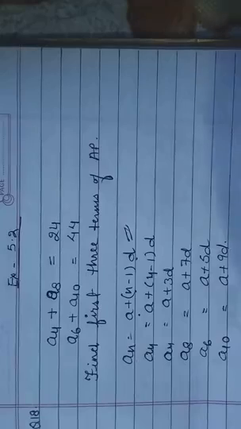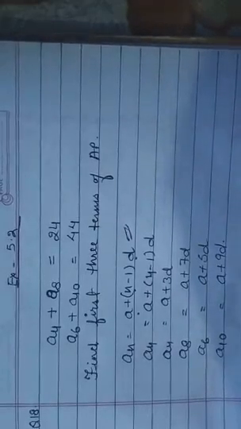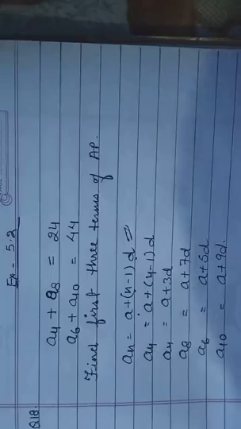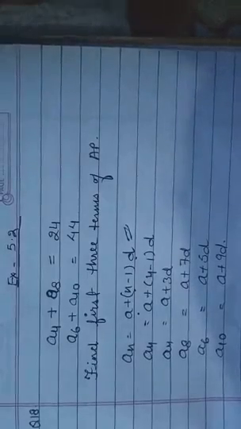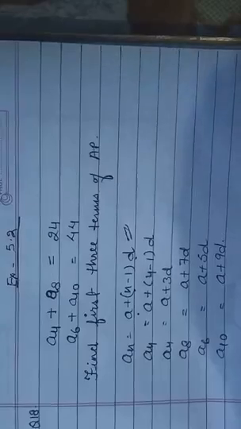Okay. Now, according to the first condition, A4 plus A8 is equal to 24. Put the value of A4, that is A plus 3D, plus A8, that is A plus 7D, equal to 24.